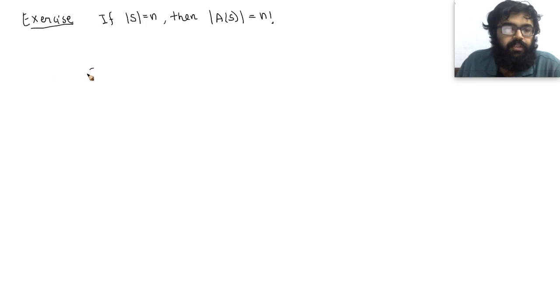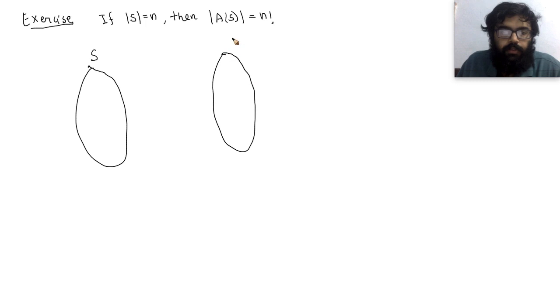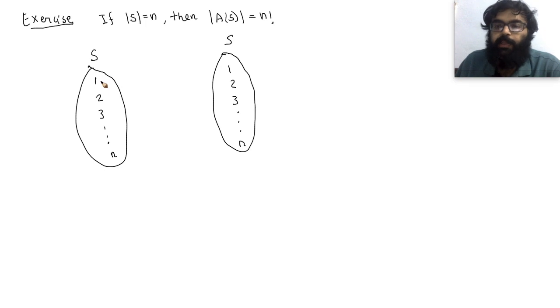So this is S, and we do not want this now. So S to S, n elements. Suppose we list like this: 1, 2, 3, and so on, n. Now, for 1, how many possibilities are there?